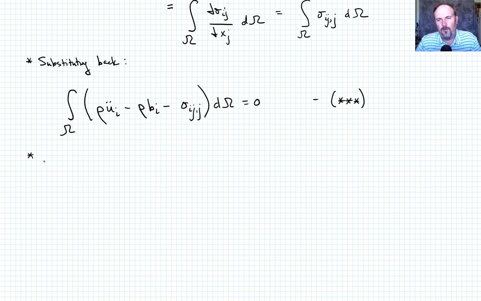The only way that can work, given that it equals 0, is if the integrand itself is equal to 0. Okay, so let me write that down for you. Because triple star is true over any arbitrary domain in the body, then it's true if and only if the integrand is 0.